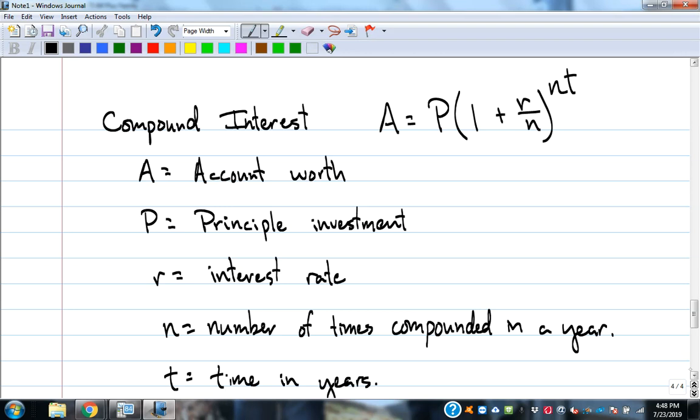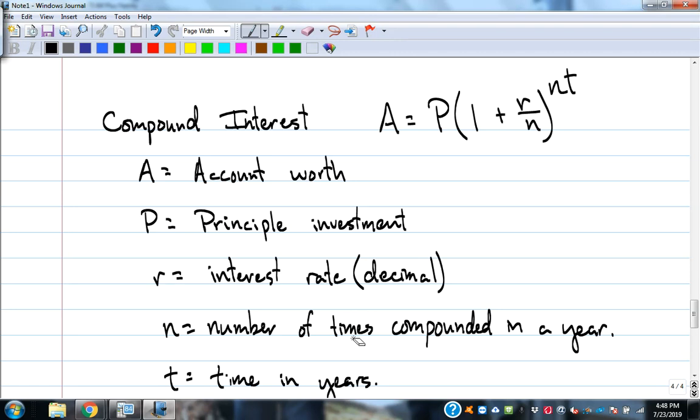All right. The principal amount, the principal investment, is how much money you put in the account. You put it there and you leave it there. The interest rate, make sure that we convert that into a decimal as we work these problems. So if it says it's a 5% interest rate, you're going to change that to 0.05. So make sure you change that to a decimal.